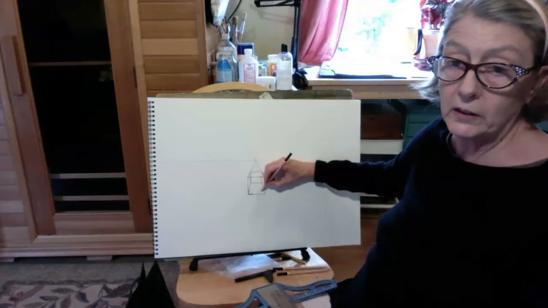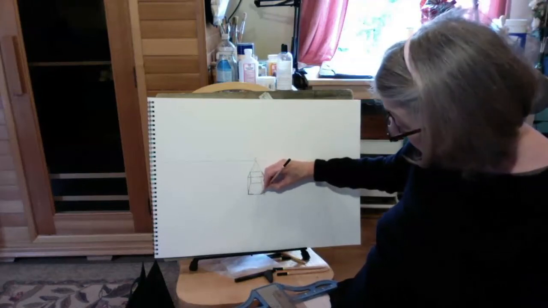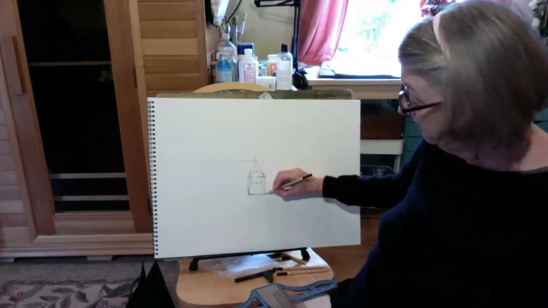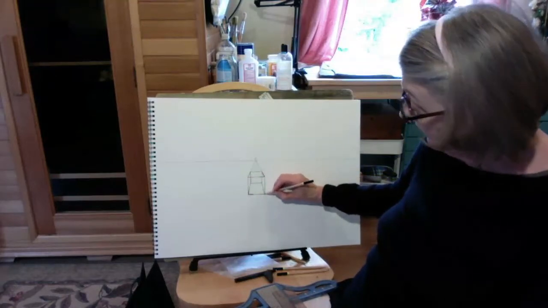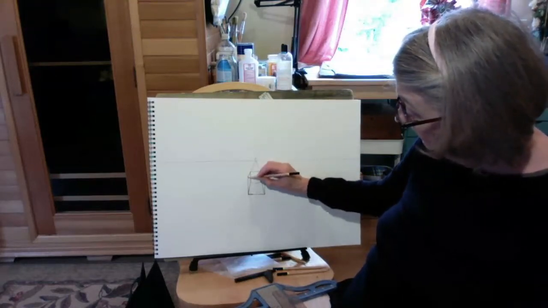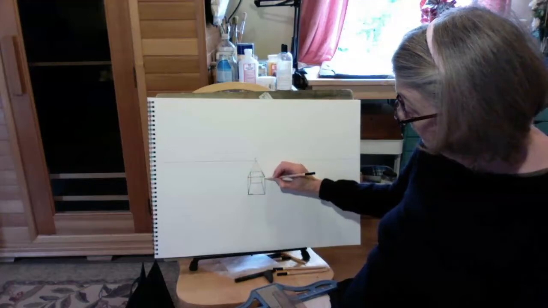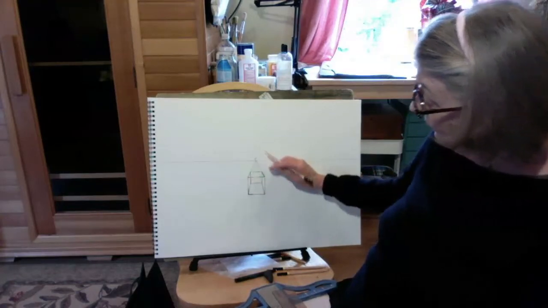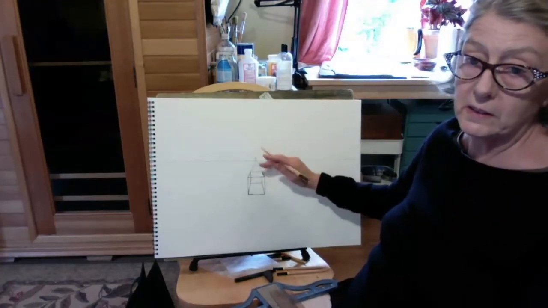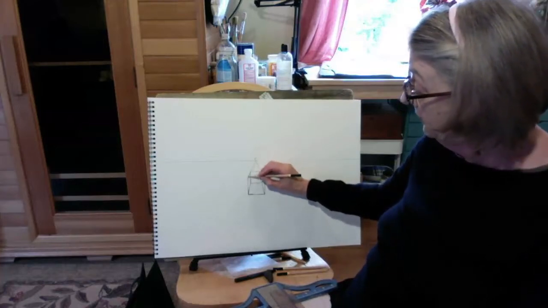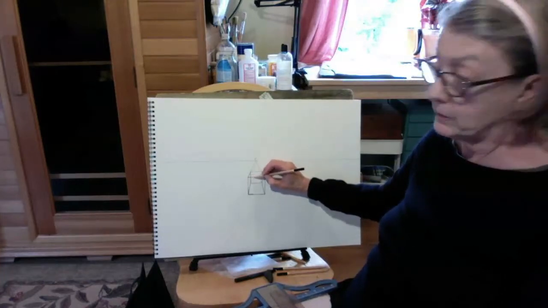These are called acute angles. They're less than 90 degrees. The 90-degree angle would be this angle here, these angles here. So as the plane recedes into the distance, this angle is going to become more acute.